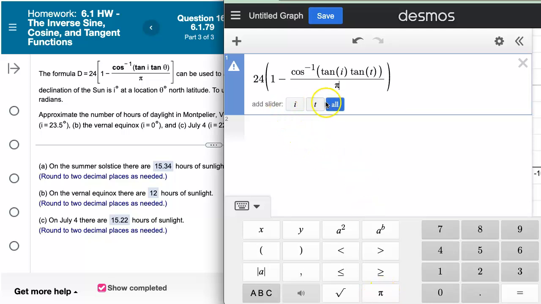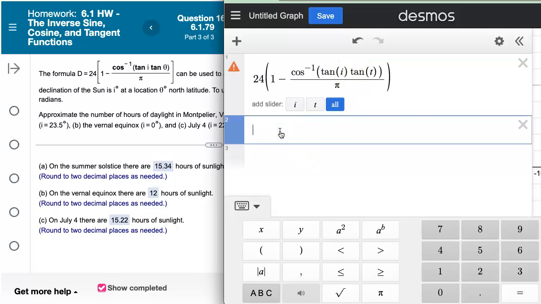Now, at the moment, I'm letting I and T for theta just be variable values. And I'm going to use a powerful thing about Desmos and put those values in the lines below the ultimate formula that I'm trying to use in the problem.